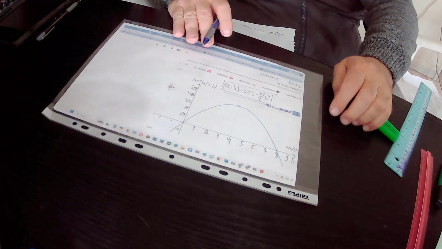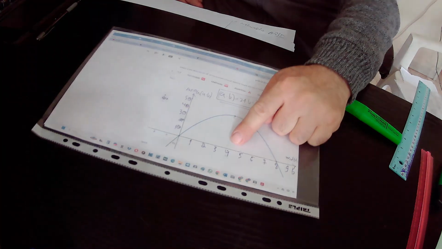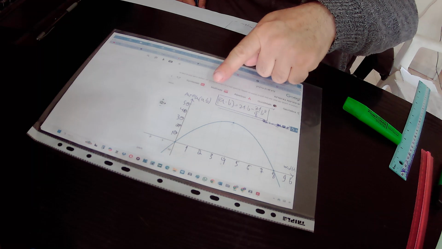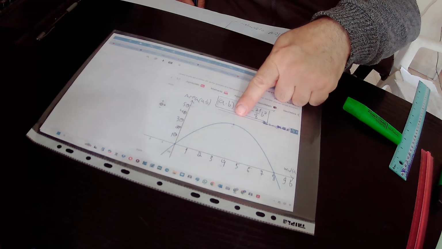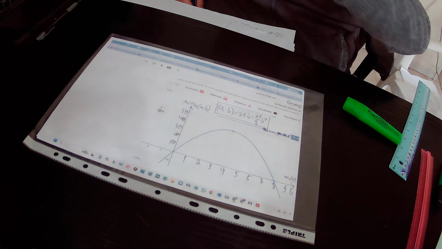And from the drawing it is very easy to see that when b equals 4 units, then the area of rectangle PQST is here. It is a little bit greater than 40 square units.